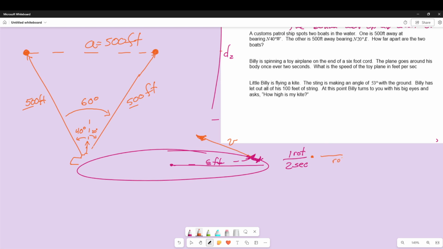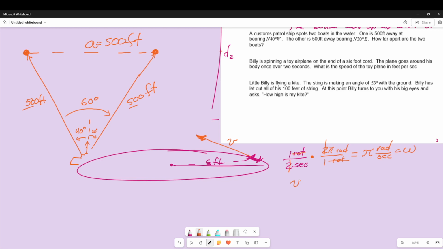We know there are 2 pi radians in 1 rotation. So if we multiply that, those 2's are going to cancel nicely, and we get pi radians per second after the rotations cancel. And that's our angular speed, omega, pi radians per second.